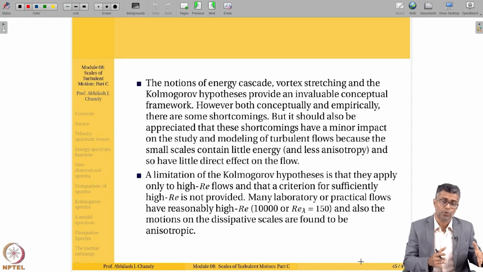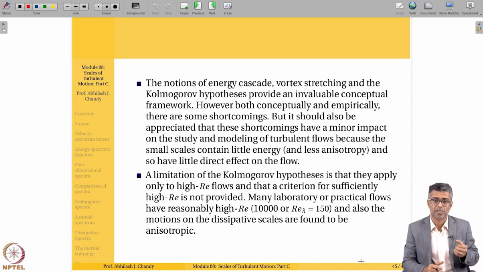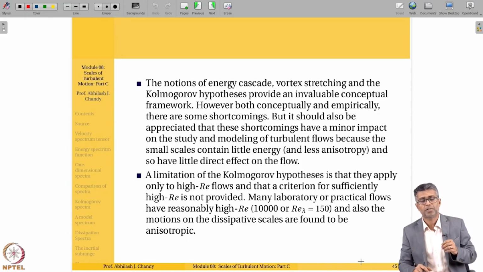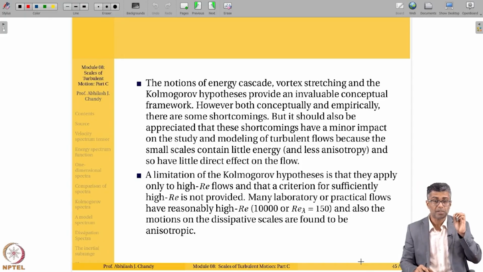It should still be noted that even with these limitations, they do give us a lot of information on how turbulent flows should be modeled. Essentially what we are trying to say is they don't have a major impact on some of our understanding, but it is important to be aware of these limitations, these shortcomings. Only then can some of these models be improved.